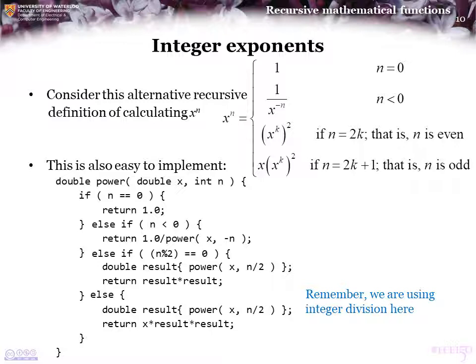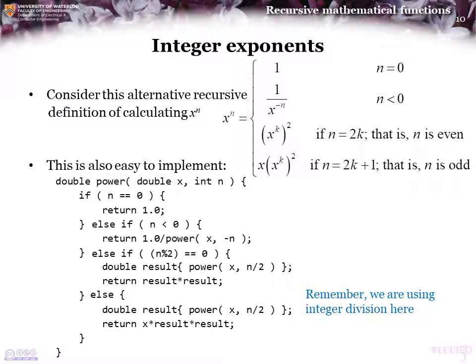To calculate x to the 50, I need to calculate x to the 25 and square that. To calculate x to the 25, I have to calculate x to the 12, square that, and multiply the result by x. To calculate x to the 12, I have to calculate x to the 6 and square that, and so on and so forth. And so, as you can see, there's a lot less work involved here.